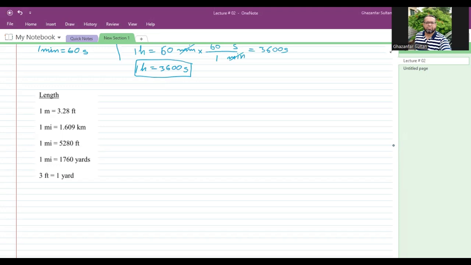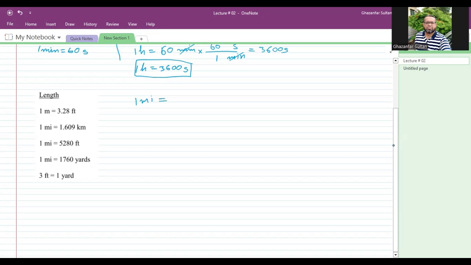But there is no direct relationship between mile to meter. Mile to kilometer is here, but mile to meter is not here. So you can develop this relationship by using dimensional analysis.